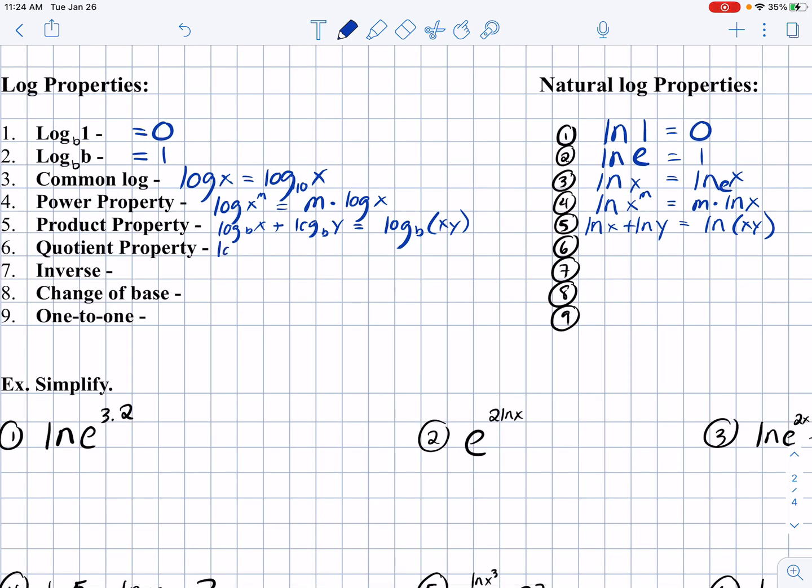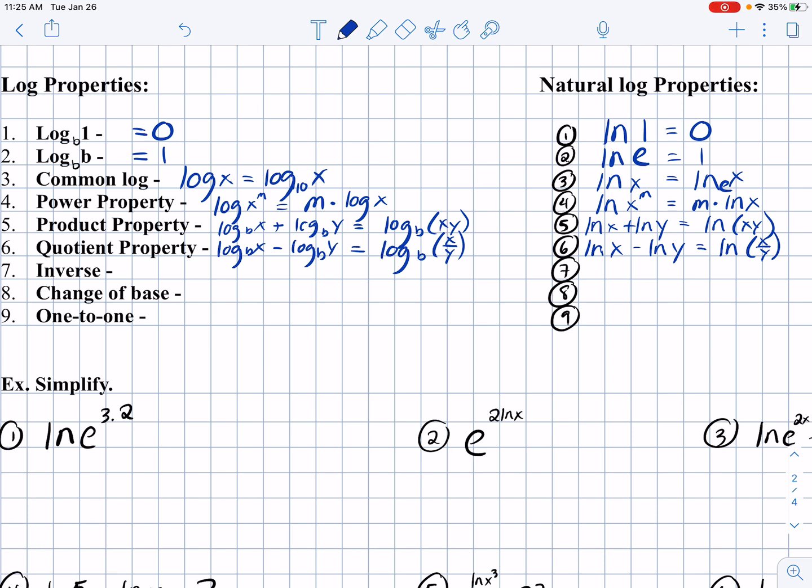Quotient property, when you're subtracting two log expressions with the same base, this is a good review for us, minus the log of y with the base b, we can just write this as a ratio, x over y with the base b, and you have one log expression. The same is true for natural logs. The natural log of x minus the natural log of y equals the natural log of x over y.